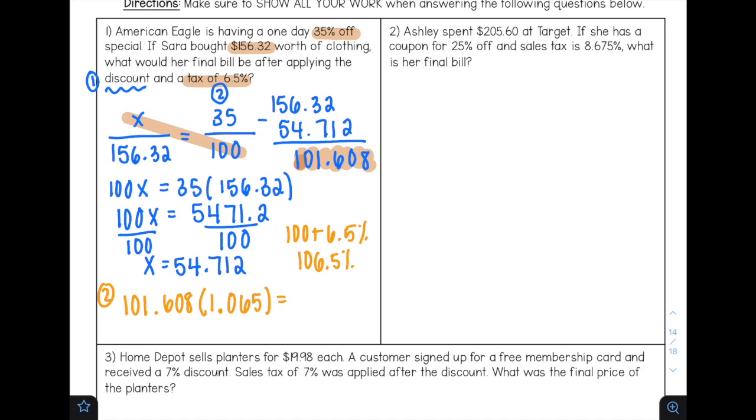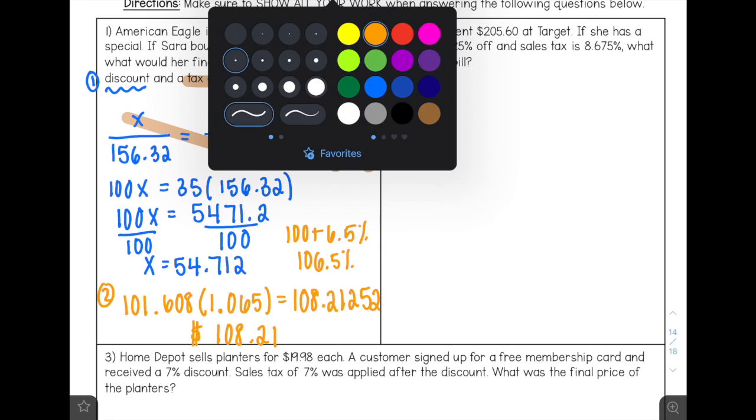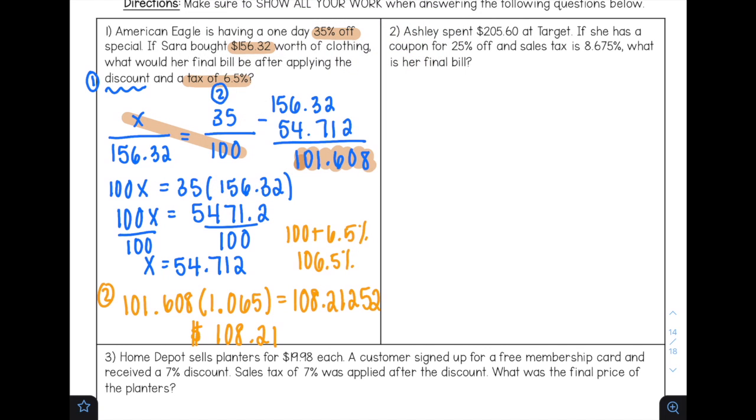So I'm going to get 108.21252. I know that I'm dealing with money, so my total is $108.21. This is after all my calculating, my increasing, my decreasing. So with my discounts and my taxes applied, I get $108.21.